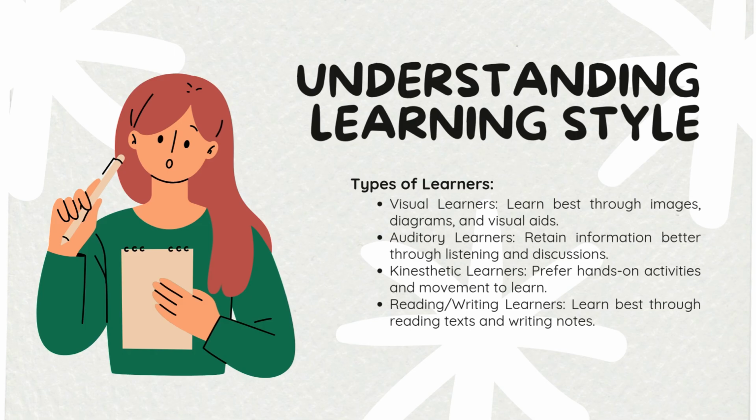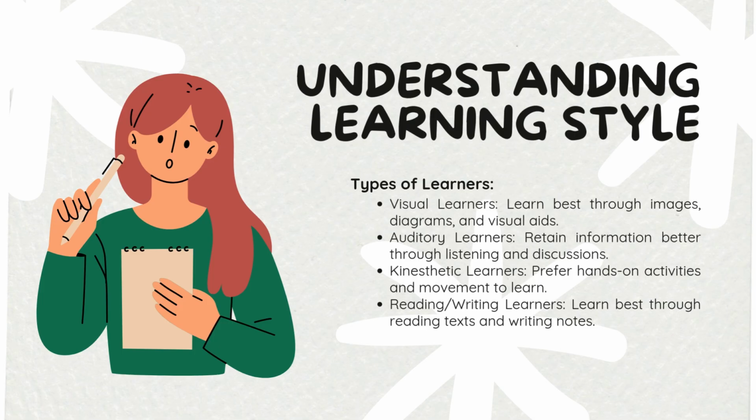The types of learners, you have visual learners, they learn best through images, diagrams, and visual aids. So that is why you would have posters in a classroom. That's to cater for the visual learners. That's why we have slides for visual learners to actually be able to understand the work.